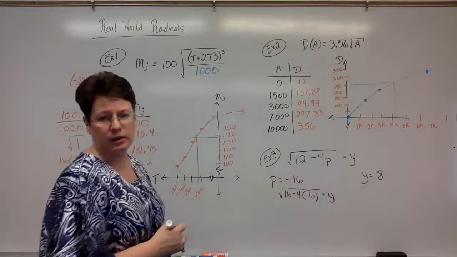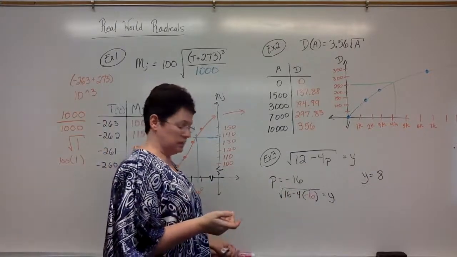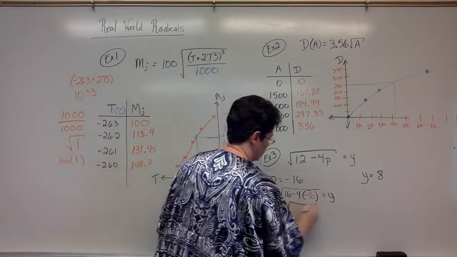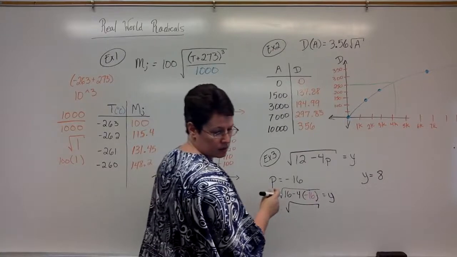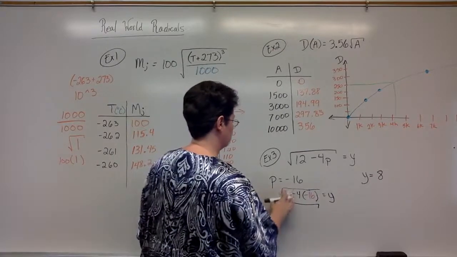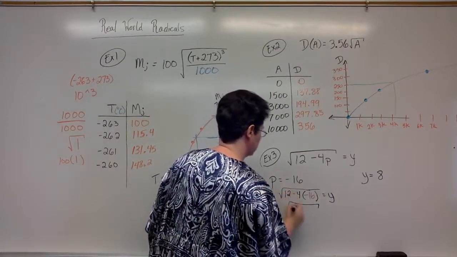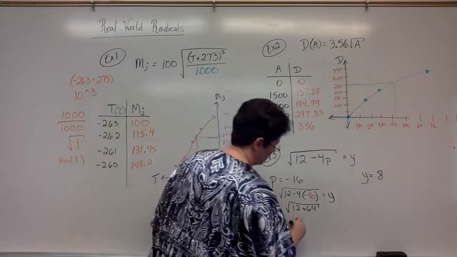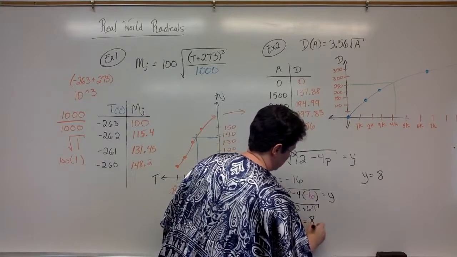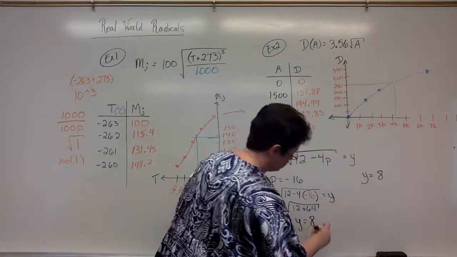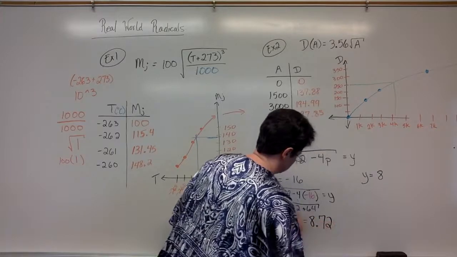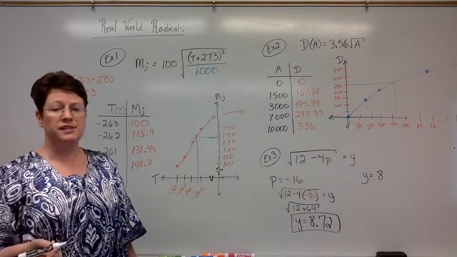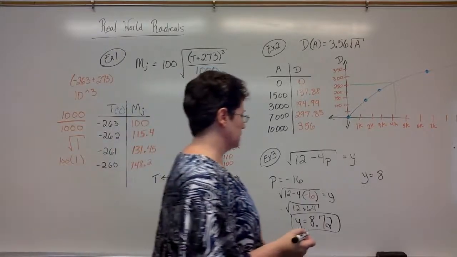So we plug that in the calculator. 12 minus 4 times negative 16, and we get a number. Oh, that's a 12. Wow. So that would end up being 12 plus 64. We take the square root of it, and y is 8.72.